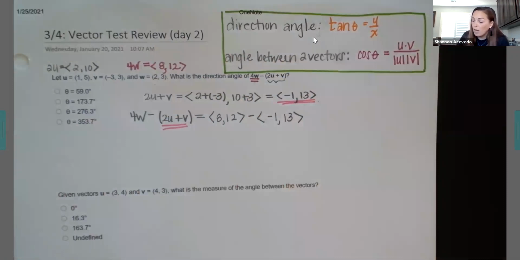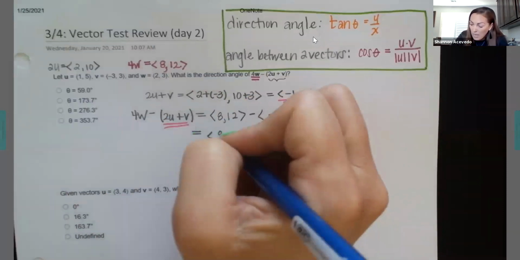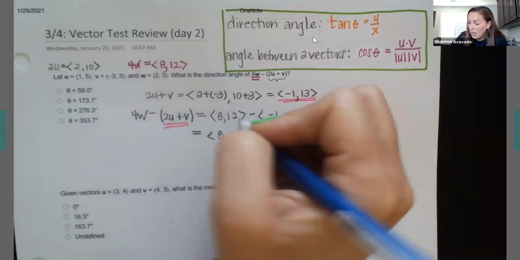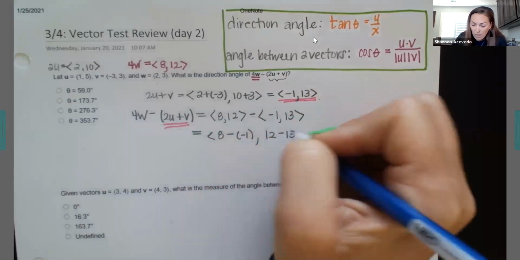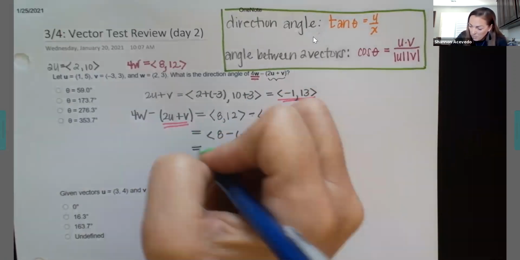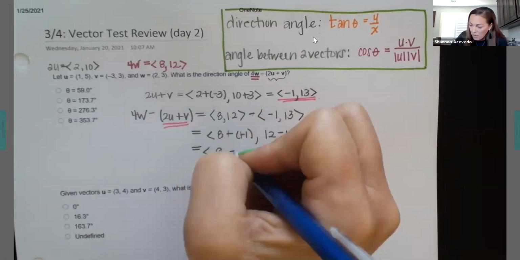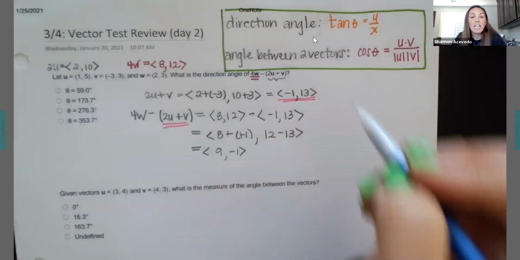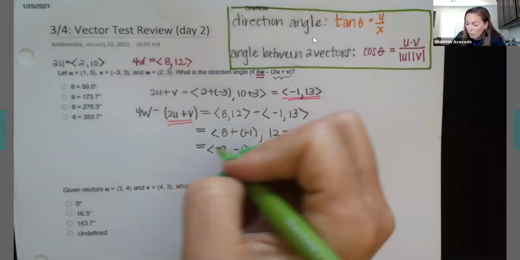So that vector is 8 minus a negative 1, and then 12 minus 13. I end up with the vector 9, negative 1. So this is the vector we're working with.